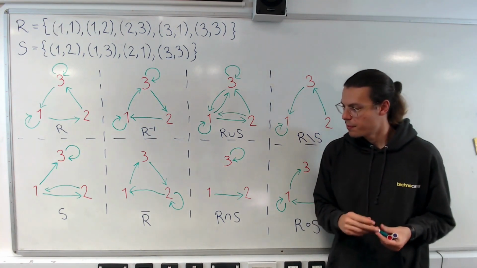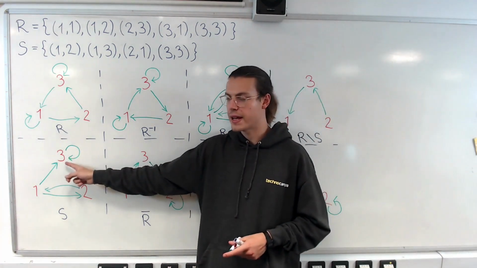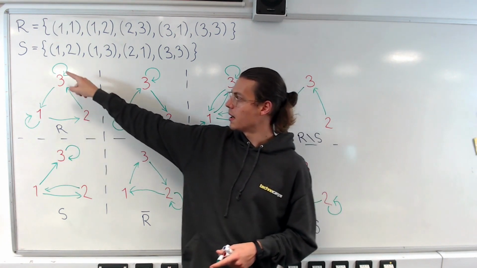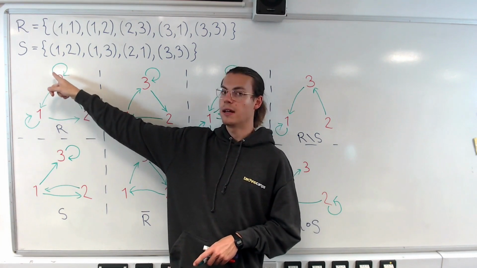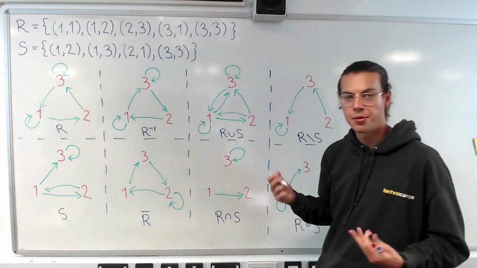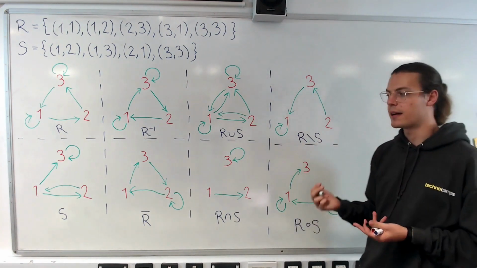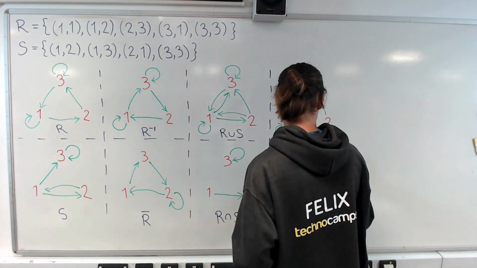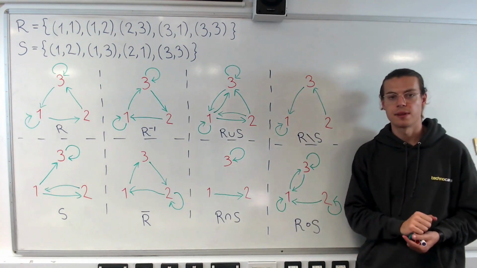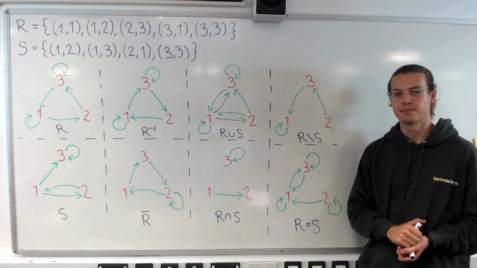First, by S, 3 is related to itself, and then by R, 3 is related to itself and 1. So in the composition, 3 is related to itself and 1. And that is R composed with S. And we're done.